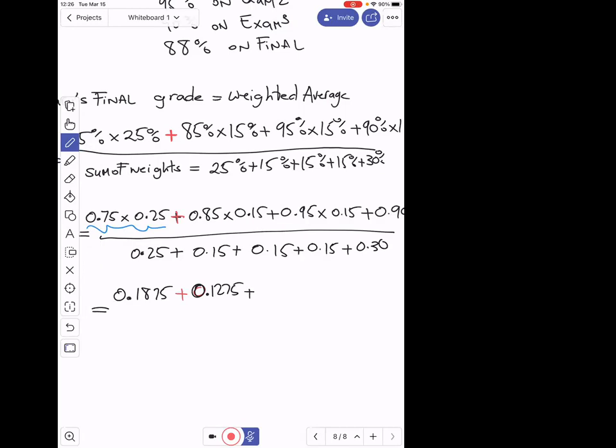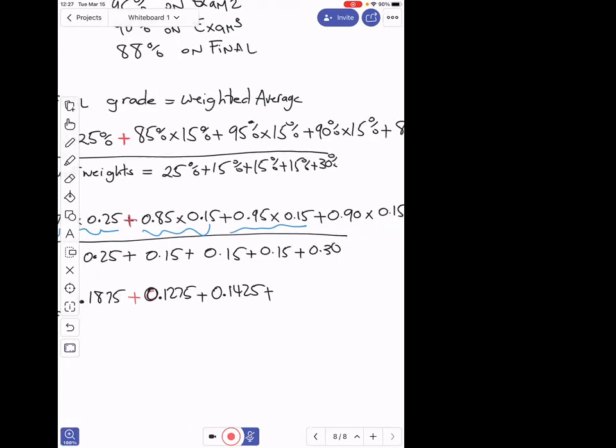There's another plus, and again, 0.95 times 0.15, that equals 0.1425. It's up to you, you can round up your numbers here. And then, of course, there's a 0.